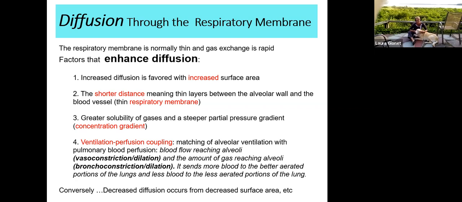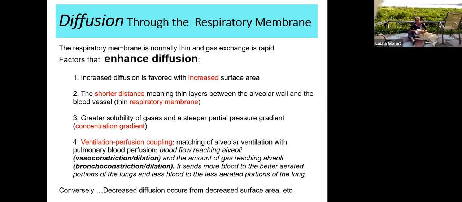Now, when you take a big breath of air and expand your lungs as far as you can, or if you're exercising, then yes, we are going to bronchodilate and vasodilate to all those regions that have lots of gas into and out of them. But when you're shallow breathing, we kind of save energy, and circulate blood to the areas where there's going to be the most gas exchange occurring.